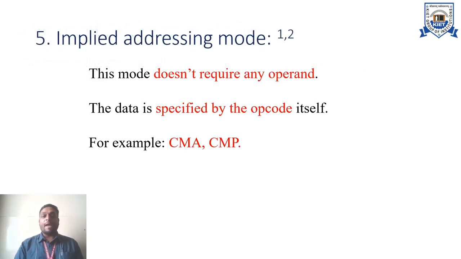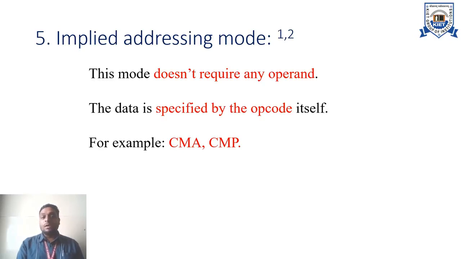Next is implied addressing mode. Implied addressing mode means it doesn't require any operand. The instruction or the operation itself specifies the operand. For example, CMA and CMP.